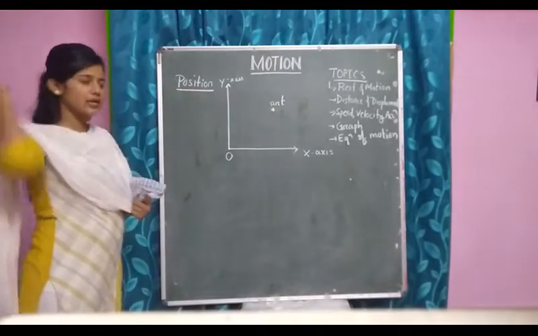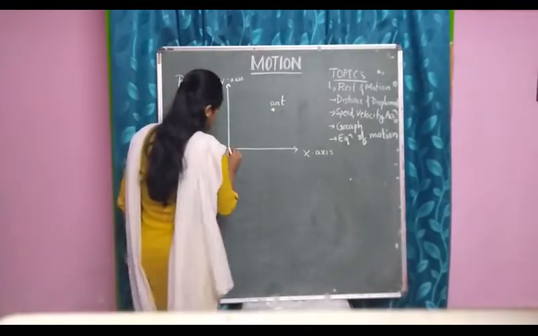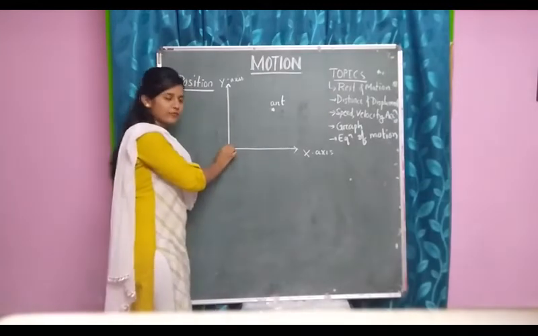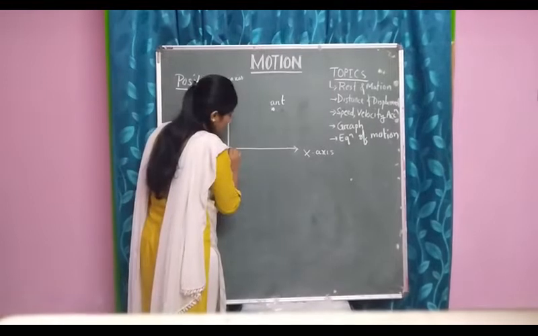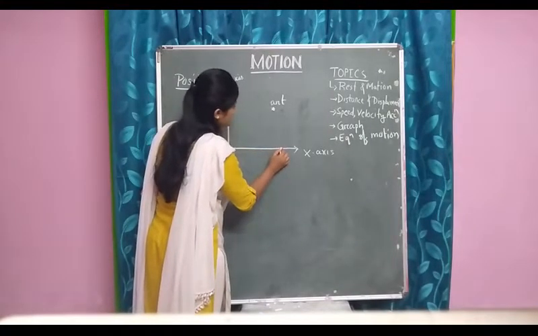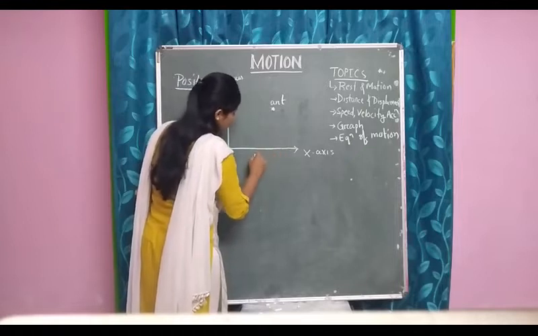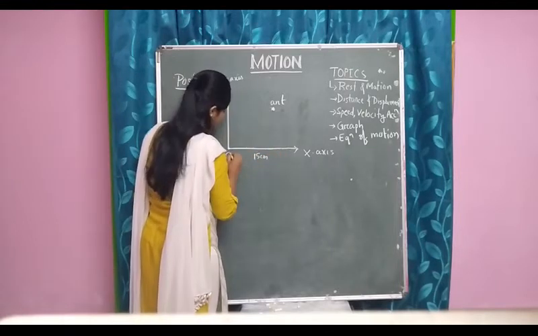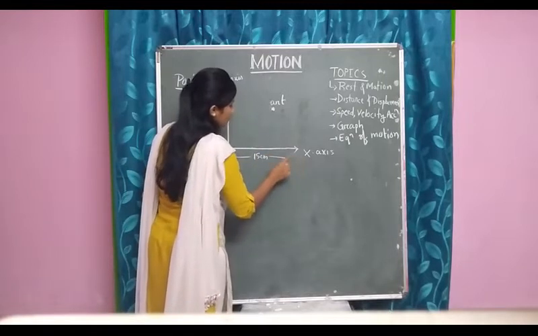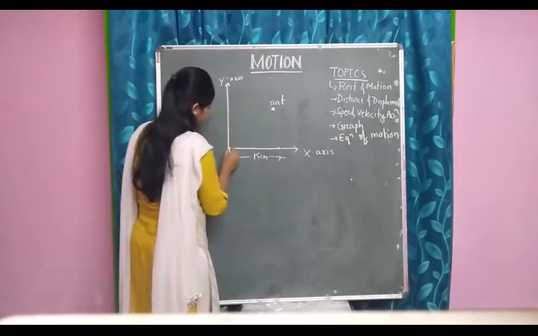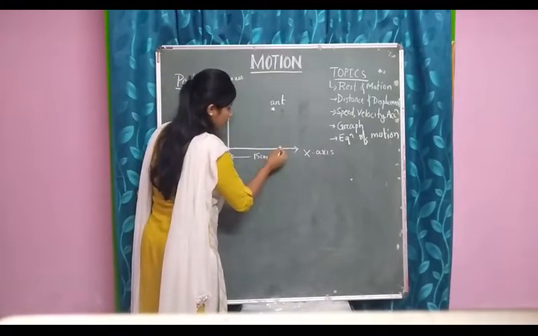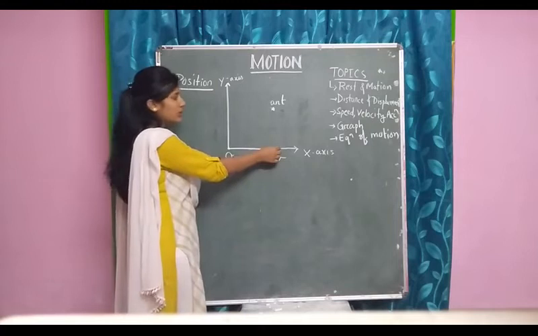Suppose from point O, which is our reference point, let us go towards east. Suppose this is 15 centimeter. So first we will go towards east. How much distance? 15 centimeter.